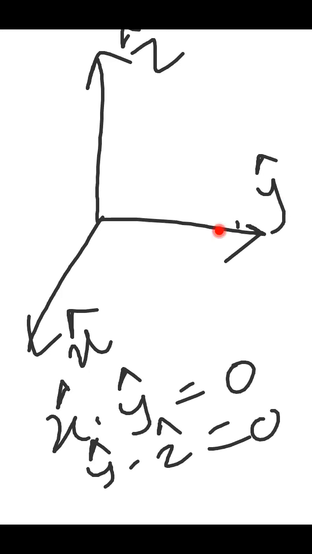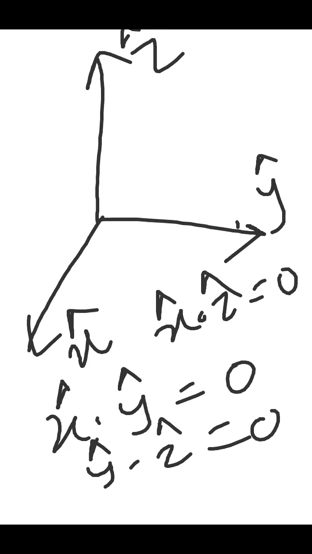Or otherwise, if we calculate x cap with z cap, then the answer is 0. What is the meaning? There will be no component of this one in this. And please somebody tell me, if I am choosing a point in such a way like this, it's going in this plane, then definitely there will be the component in the y axis and the component in the z axis.